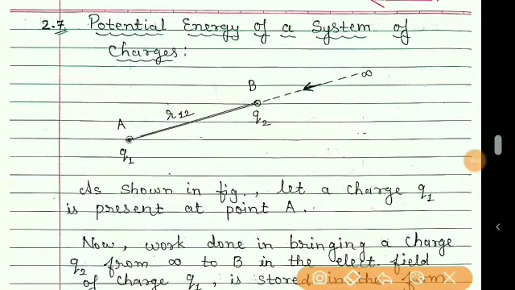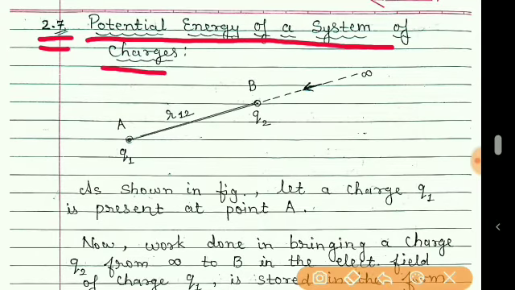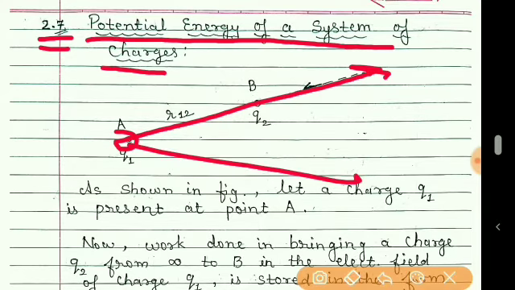Now the next topic is about the potential energy of a system of charges. If only one charge is present, then we say that there is an electric field around it in all directions.